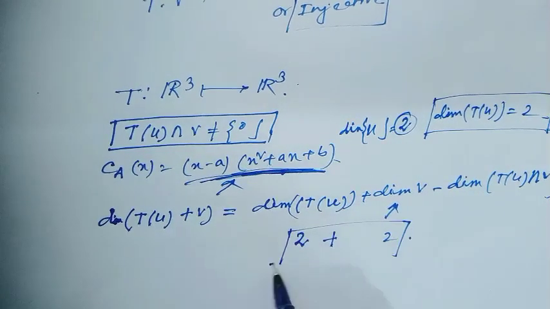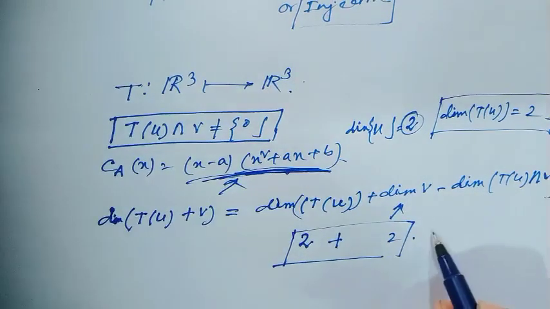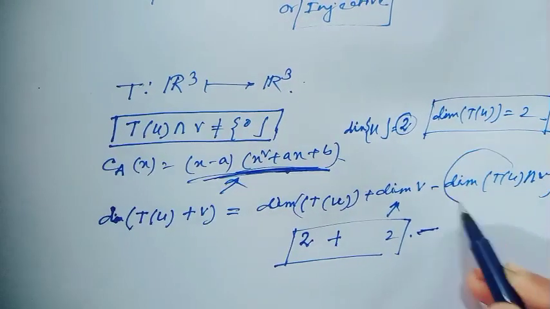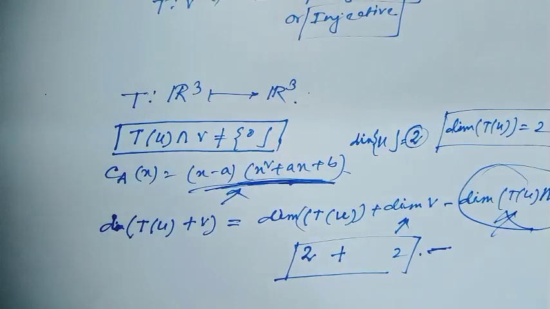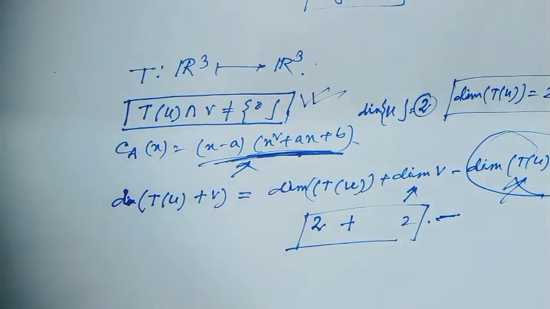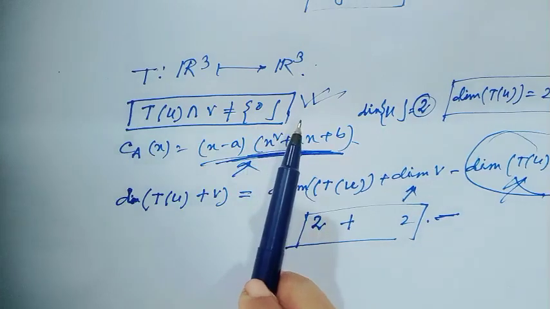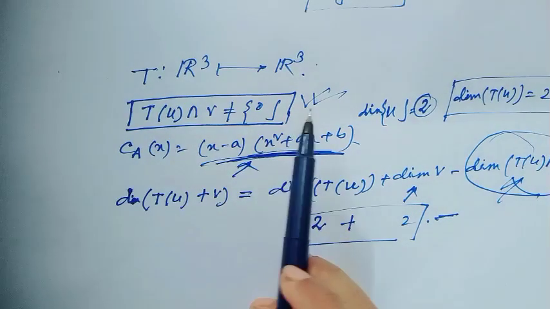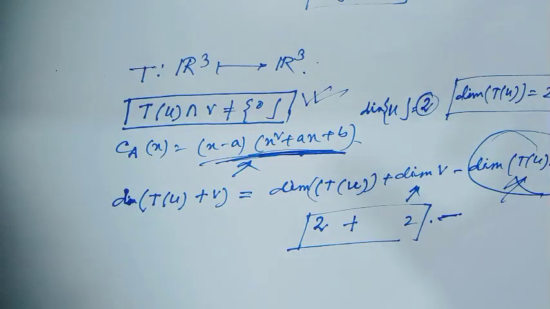But this is a linear transformation which maps from R cube to R cube. So obviously there always exists at least one vector in this intersection. So this concept is right. Always Tu intersection V is not equal to the singleton set 0. Have you understood this concept? I hope all my viewers have understood this concept easily.